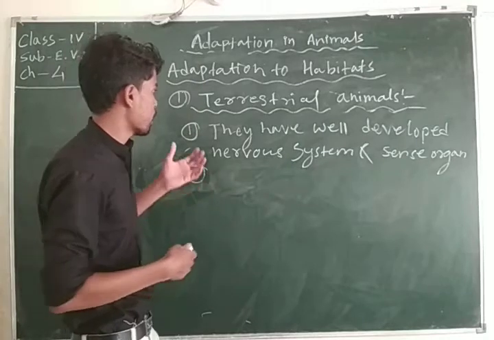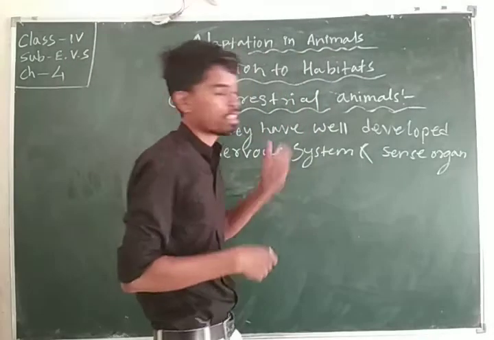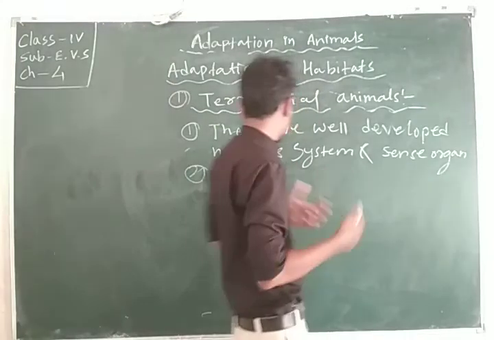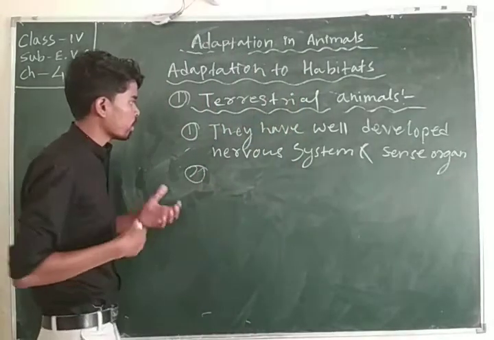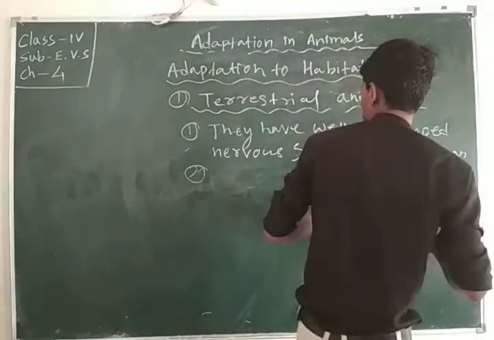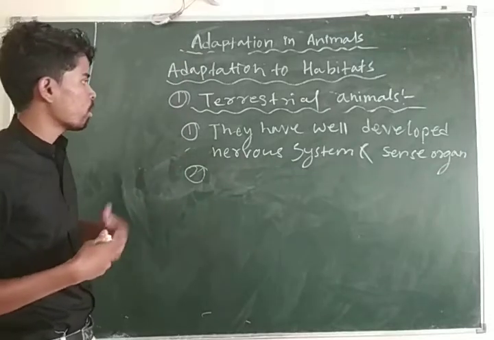Terrestrial animals have a well developed nervous system and sense organs. The second point, they have lungs. Their breathing system depends on their lungs.